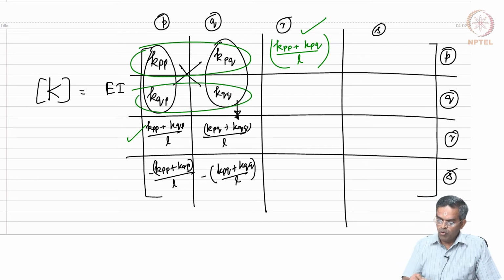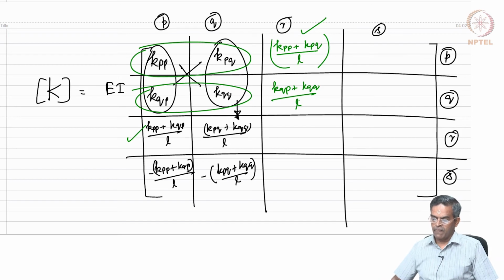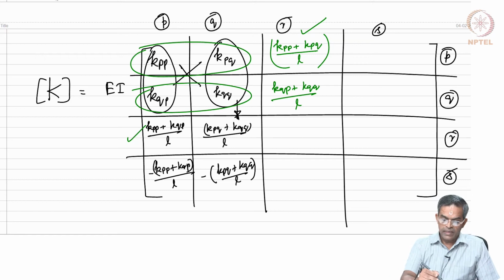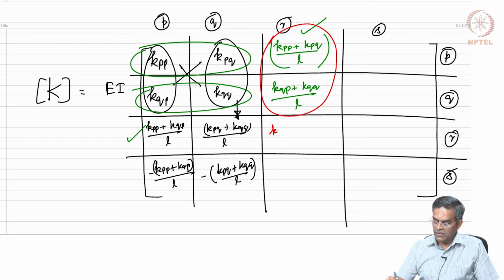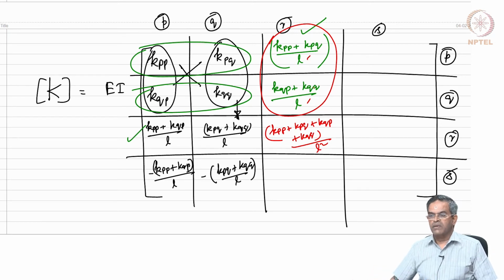So, the sum of these two by L is here, which is Kqp plus Kqq by L. Then the sum of these two by L further is here, which is Kpp plus Kpq plus Kqp plus Kqq by L square, because there is already an L here, I am dividing it further by L. And the fourth one is negative of this.